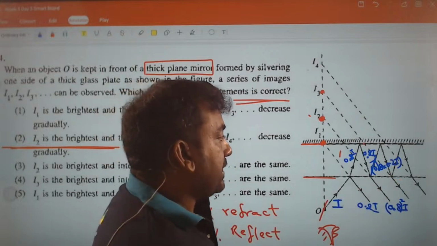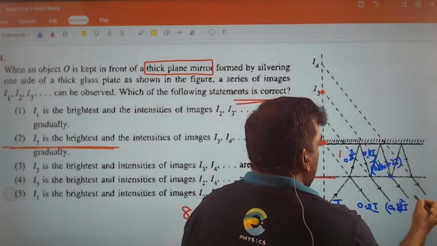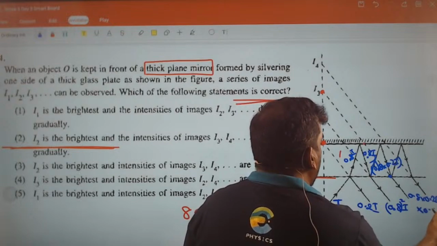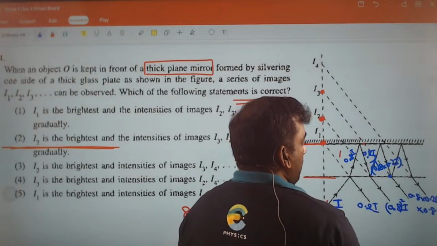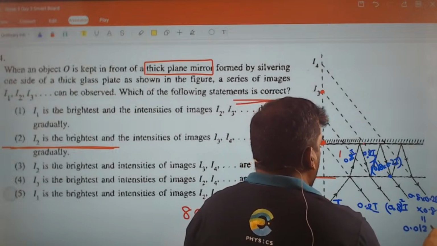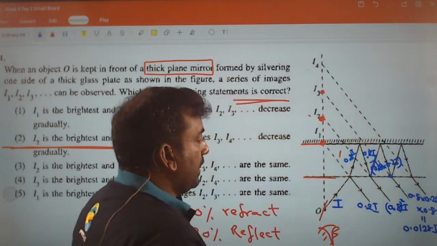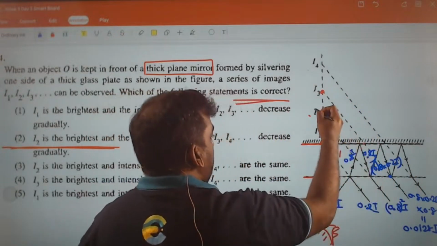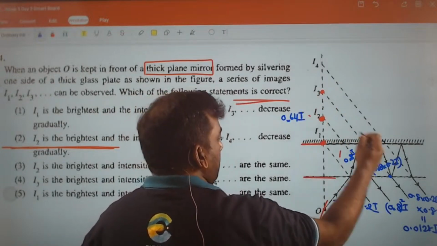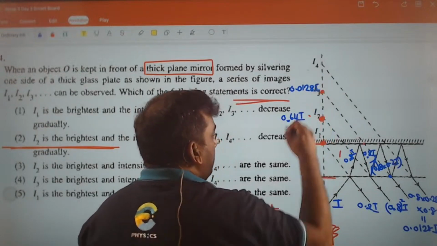So here what happens is it keeps on reducing. 0.8 times 0.2 I times 0.8, from this you will get 0.0128 I. So intensity keeps on reducing. Here the intensity of the image you will see is 0.64 I, and here it's going to be 0.0128 I.